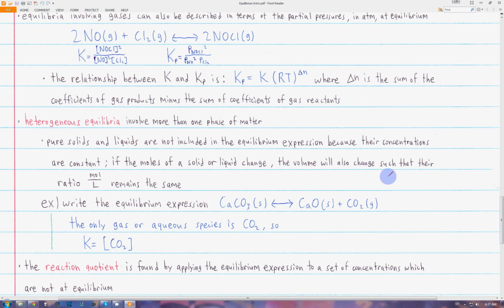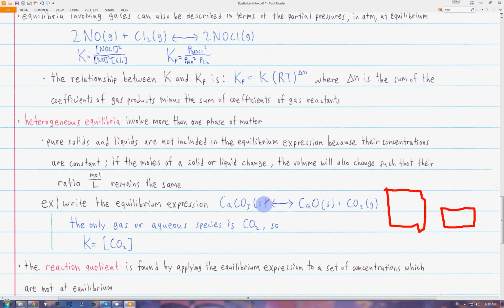So if you have some solid block here, if the moles of the solid decrease, then the volume of the solid will also decrease, such that the ratio of the moles to volume, which is the concentration, will always stay the same. So we don't include solids and liquids in our equilibrium expression. We only include aqueous and gas states.